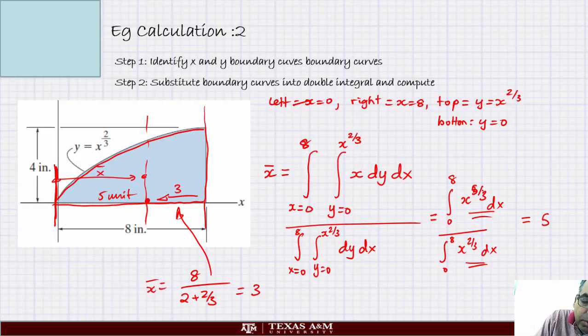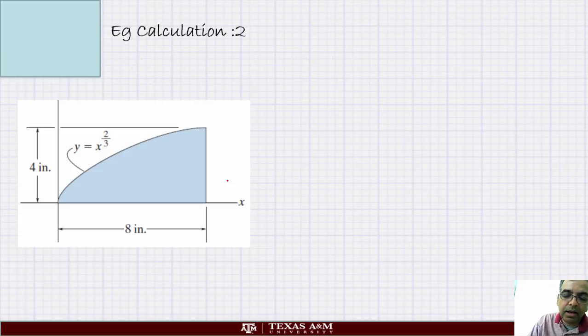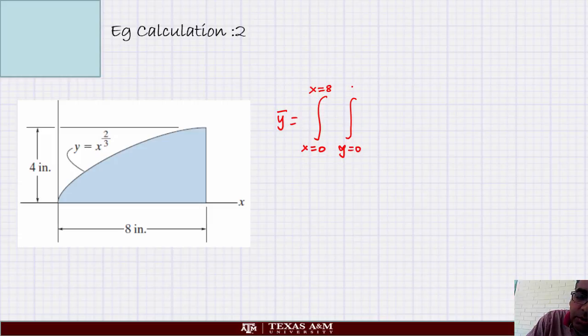Now I want to find out where y bar is. What about this guy? Let's do that next. And same idea. We know the left, right, top, bottom. Y bar equals the integral with the left side x equal to 0 to the right side x equal to 8, the bottom y equal to 0 to the top y equal to 2/3 x to the 2/3 power.